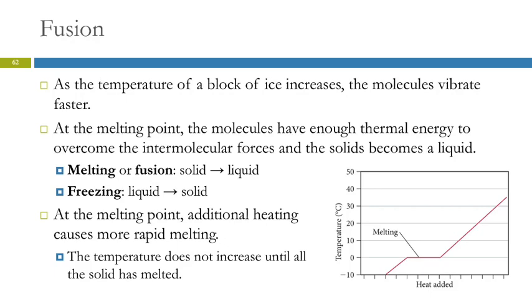At that point, the temperature will remain constant until all the ice has melted, because the heat going into it is going into breaking the intermolecular forces and causing the liquid to form. It does not go into increasing the temperature. So we see this flat section here. Once all the ice is melted, then the temperature will go up.